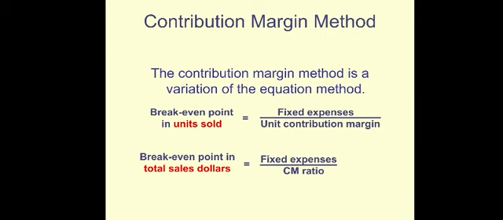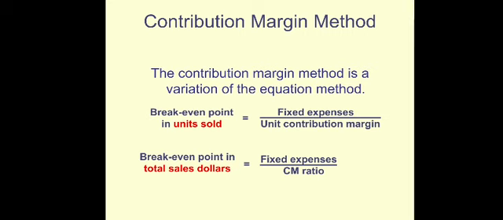So $80,000 divided by $200 is 400. This shows that to achieve the break-even point, Wind Bicycle has to sell 400 bicycles, the same answer as the equation method.